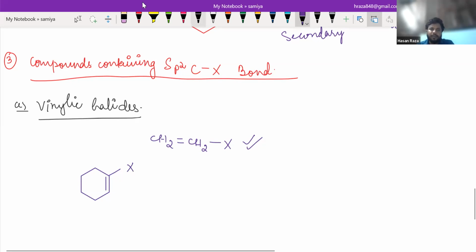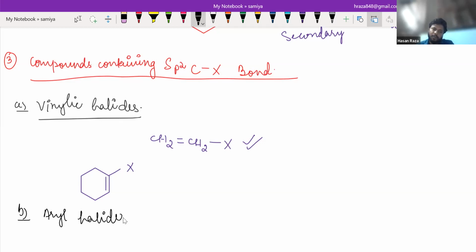And the second subpart of this classification is aryl halides. It is also part of the sp2 C-X bond. You can see this is a benzene and it is sp2 hybridized, so X is directly connected to it, so it is aryl halides.